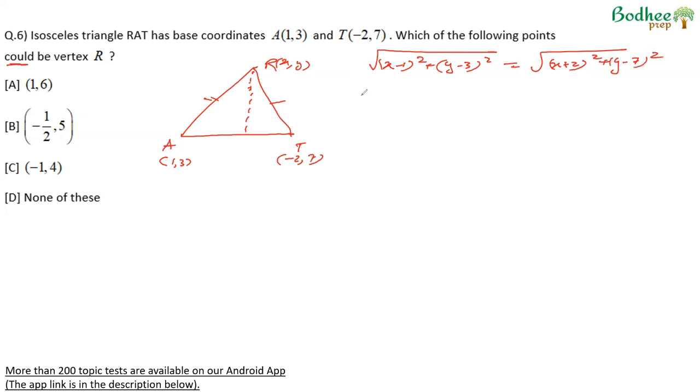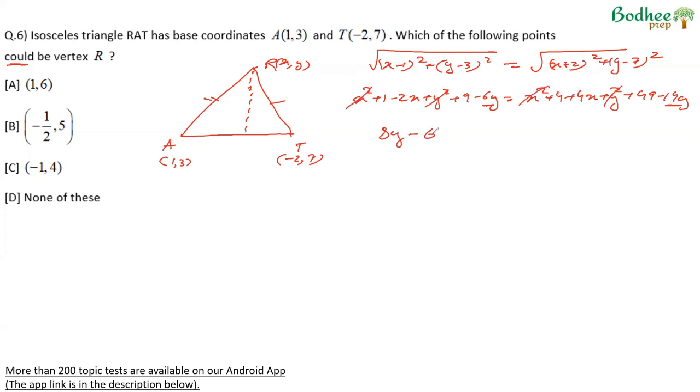Taking square on both sides, this will be x square plus 1 minus 2x plus y square plus 9 minus 6y is equal to x square plus 4 plus 4x plus y square plus 49 minus 14y. Taking this y here, 14 minus 6y is 8y. These two terms are done. Y square cancel, x square cancel on both sides.